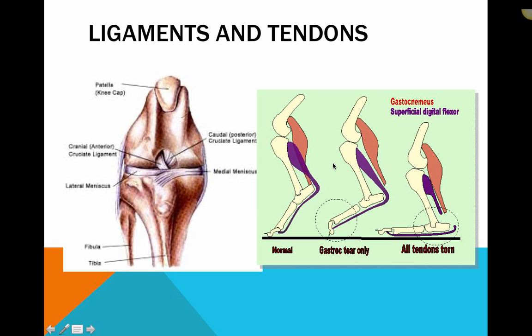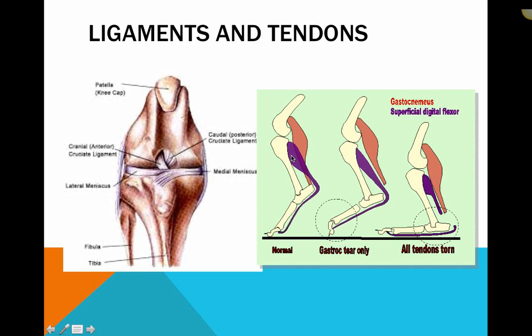And then you have tendons, and a good example of a tendon would be the gastrocnemius and superficial digital flexor tendon, which in people we tend to call the Achilles tendon or Achilles heel. So this tendon connects the gastrocnemius muscle, which is the main muscle for flexion of the hind leg, and it's attached at the distal aspect of the femur, the muscle, and then the muscle turns into a tendon, and it connects to the hock.